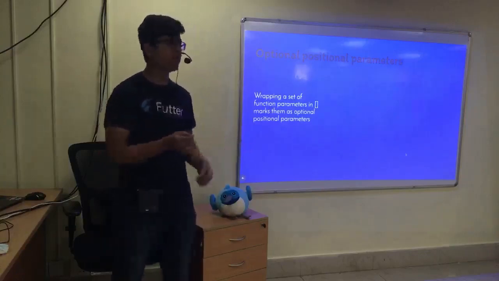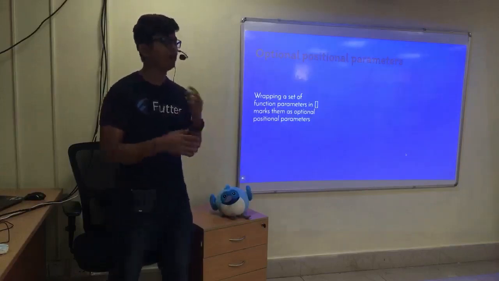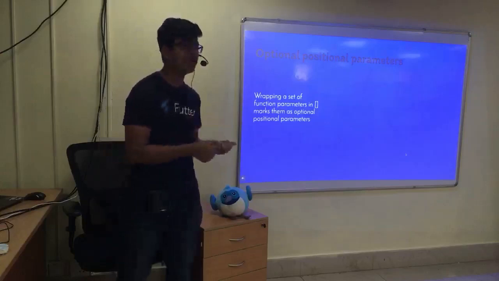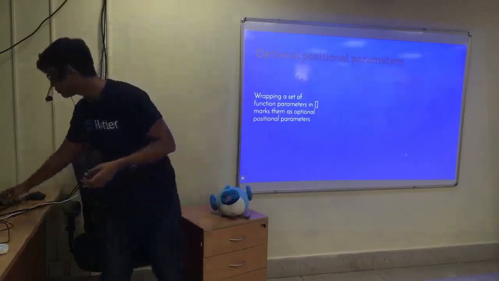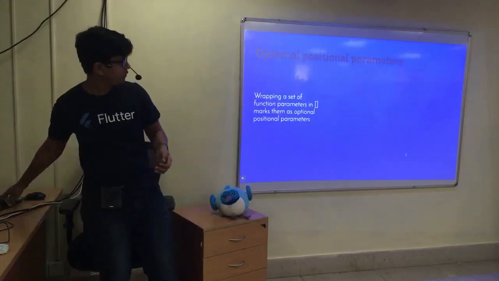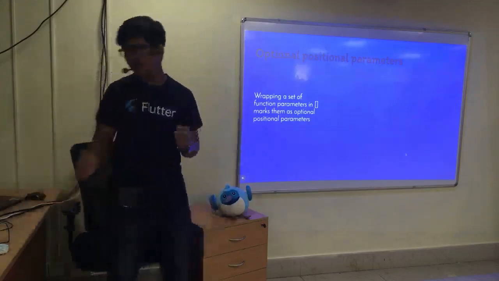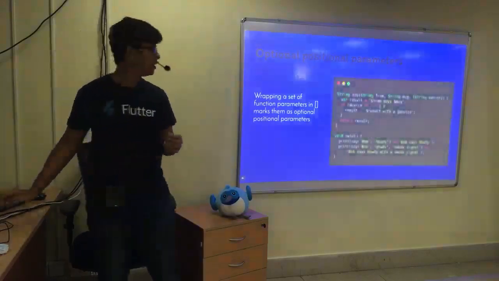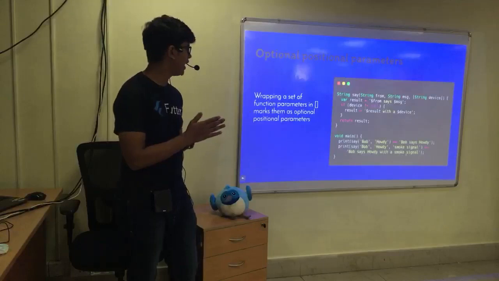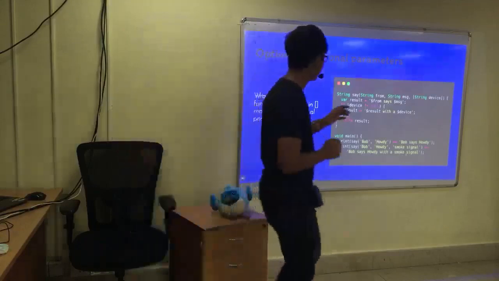So if we have a model with all the fields like commerce marks and science marks, sometimes we specify the commerce marks, sometimes the science marks. For this, within the parameter list we add square brackets, and that converts those parameters into optional parameters, just like this.